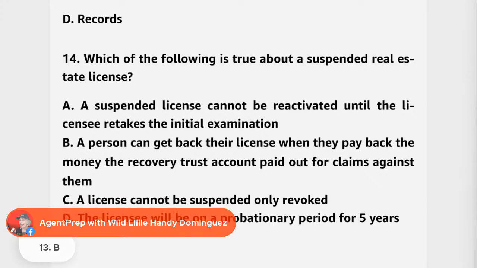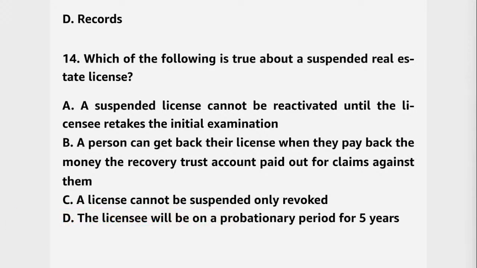All right. Number 14. Which of the following is true about a suspended real estate license? A, a suspended license cannot be reactivated until the licensee retakes the initial examination. B, a person can get back their license when they pay back the money the recovery trust account paid out for claims against them. C, a license cannot be suspended, only revoked.